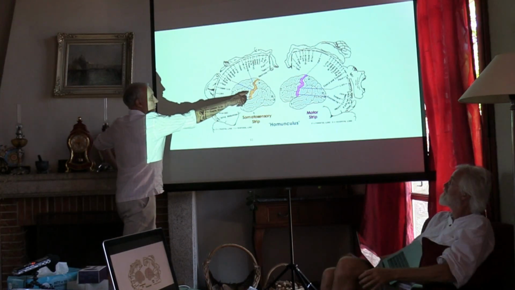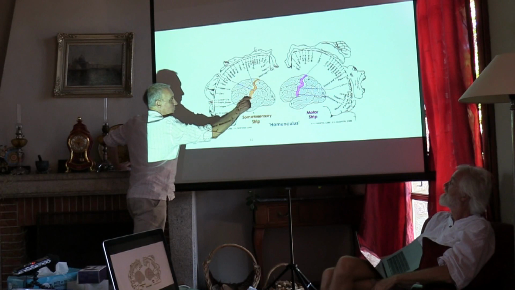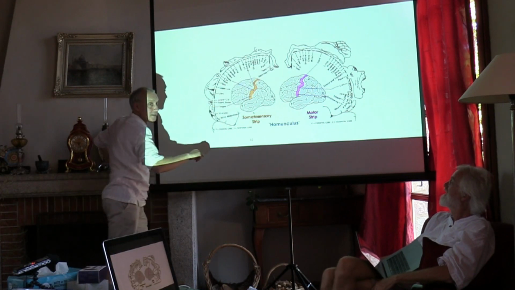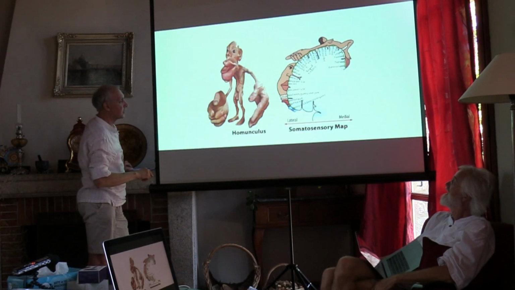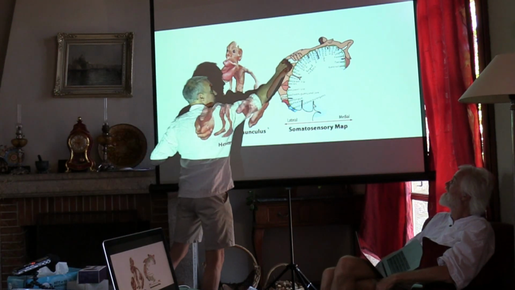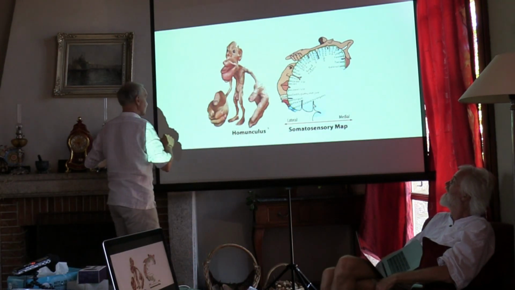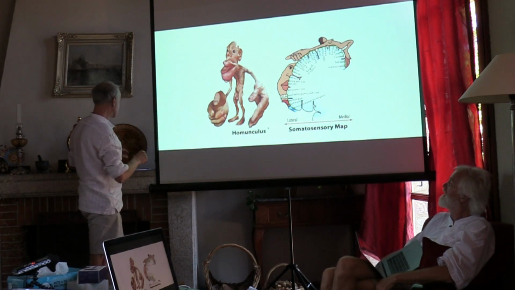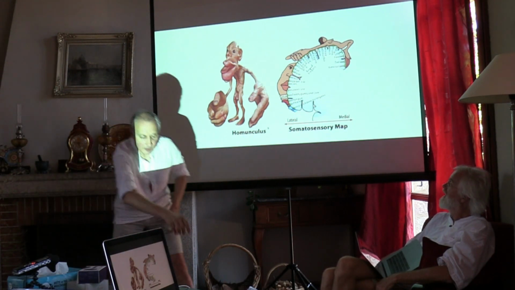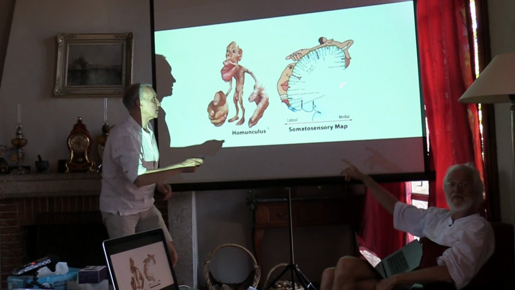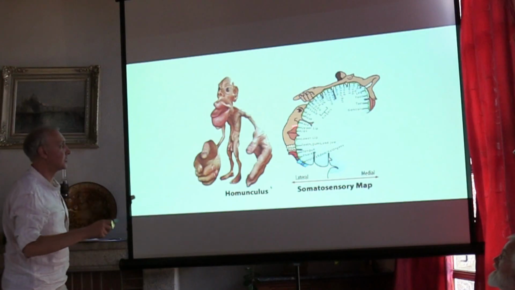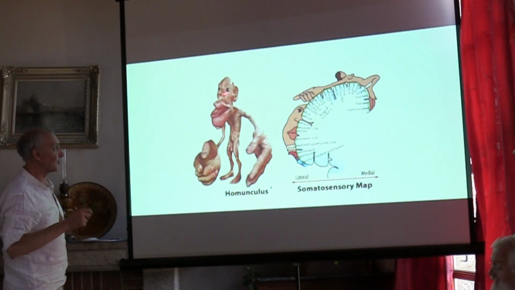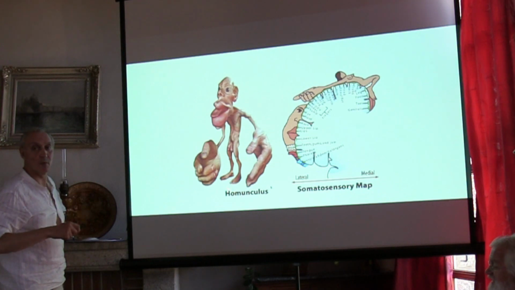You see here, there are two portions of the brain which are very sensitive and motor. This is the famous homunculus. It's a map. I had a bad slide, the one in the middle here, because this is what you mostly see on the web.